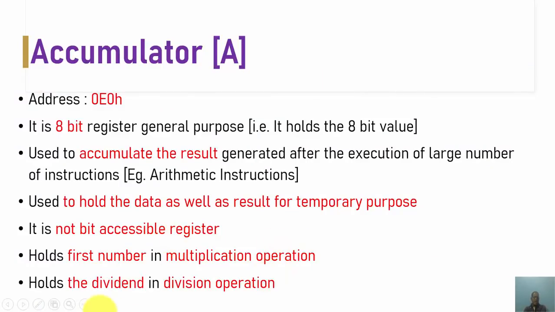And in the division process, whatever the dividend value is, it should always be in the accumulator. So the accumulator is the most important register in the 8051 microcontroller. It's mainly used to accumulate the result. We can store data as well as a result for temporary purposes. It's an 8-bit register which is not a bit accessible register.